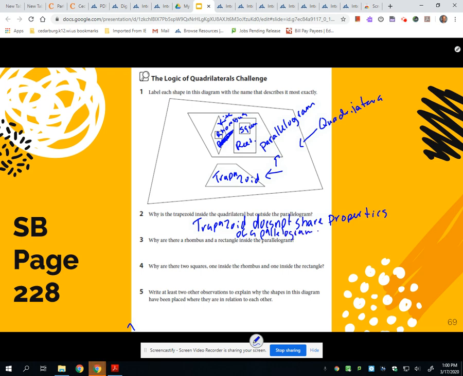You're going to have to excuse my spelling sometimes if I'm working real fast. Number 3 says, why are rhombuses and rectangles inside of a parallelogram? Pause the video. They are inside of the parallelogram because they have two sets of parallel sides.